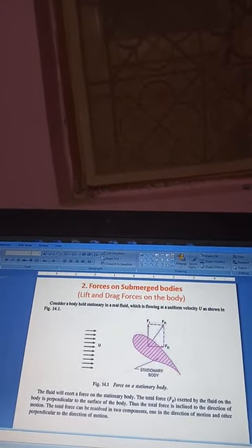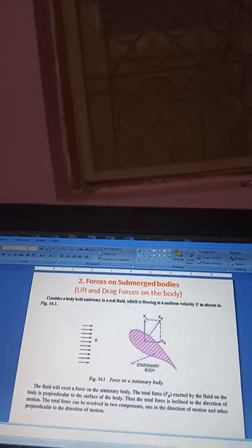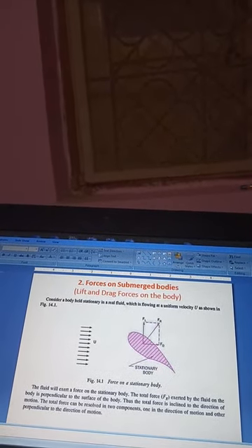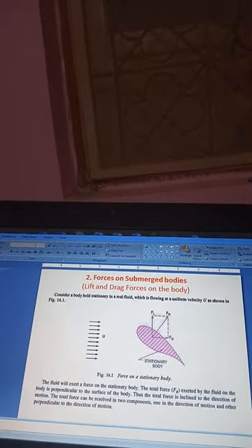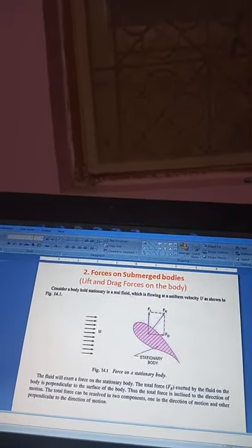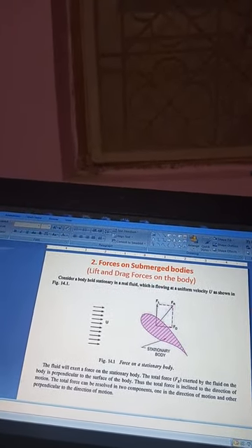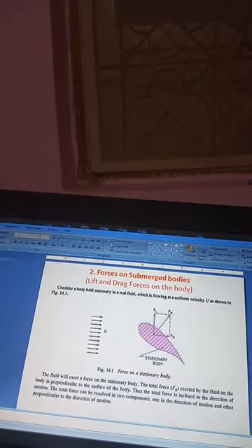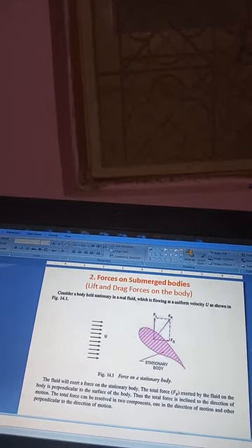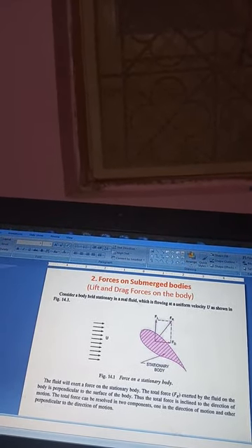So Fr is the normal force acting on the inclined solid body, and then you are going to resolve this normal force into two components, one horizontal and one perpendicular. So the horizontal component, as already I have told you, is the drag force, and the vertical is the lift force. So I think from the diagram the two forces are clear to you.